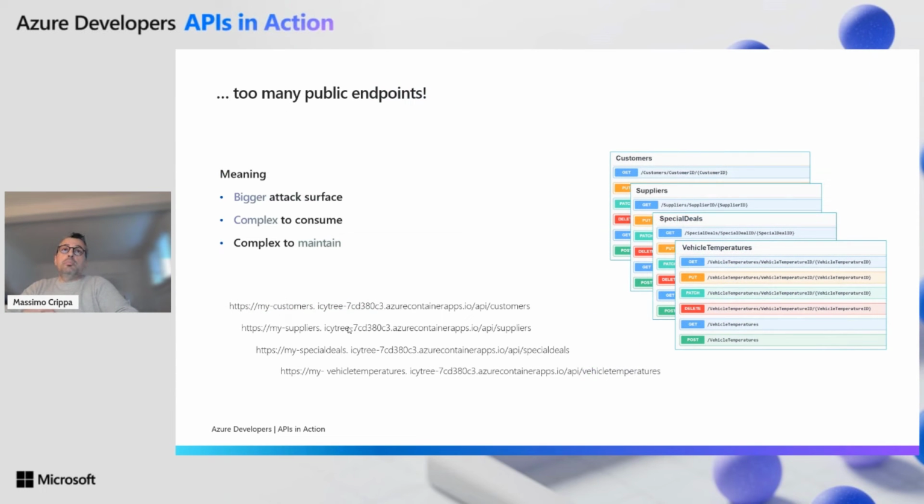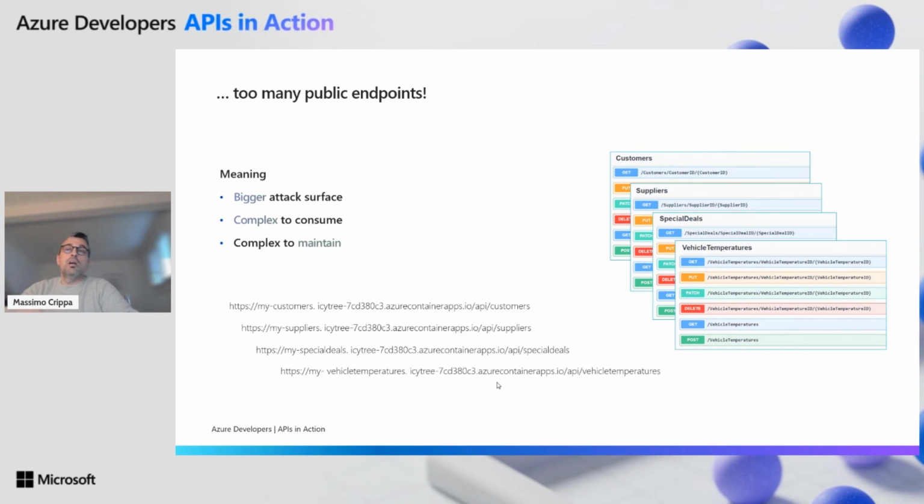And then the next step is like, okay, there is something wrong at a certain point of time because we are having too many endpoints. So this means a bigger attack surface, it is complex to consume, and it's also complex to maintain. You can see here at the bottom, with this approach and Container Apps, I will have a very complex URL to be given to my consumer.